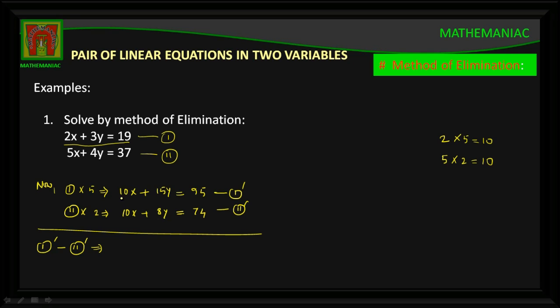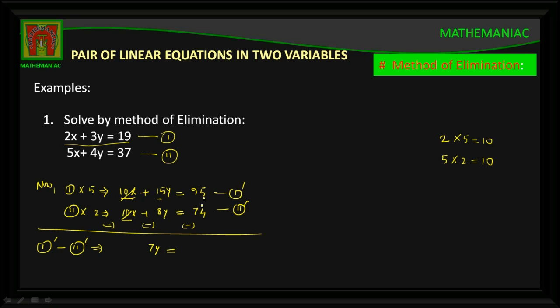Now you see, this term will get cancelled with this because this equation is subtracted. So all the preceding signs will get reversed. Did you get me? So they will get cut. Now this is 15y minus 8y gives you how much? 7y.